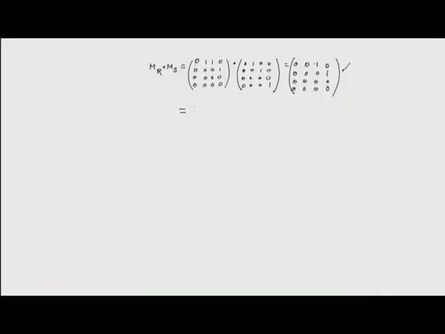Then you will get this matrix, and this is the matrix corresponding to R composition S. That can be directly checked. We have done this example in one of our previous lectures. So, therefore, we have R composition S given by (1,3) and (2,4).